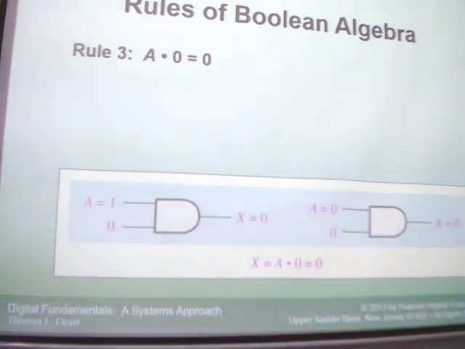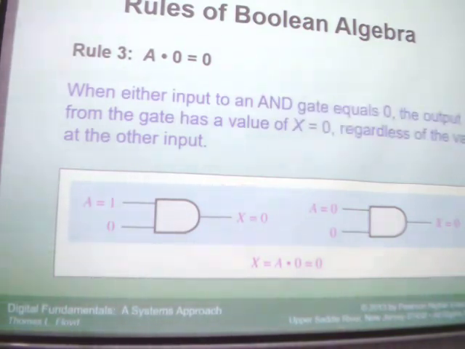A and 0 equals 0. Because for the rule of the AND operation, both inputs should be 1 for the result to be 1. Otherwise, the result is 0. So A and 0 equals 0.